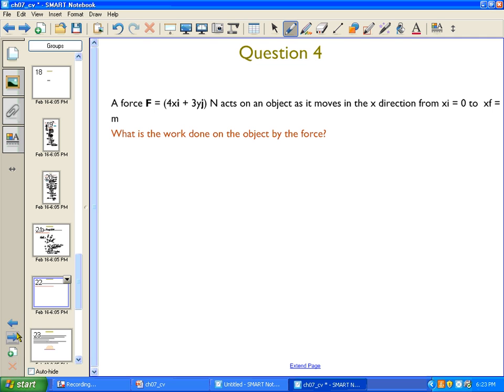Okay, next problem, and last problem for this part of the solution for chapter 7. Here, a force 4xi plus 3yj. Look at the form of F. Is this a force that has an xy dependence? The answer is yes. There are x's and y's, so this is a force that depends on position.